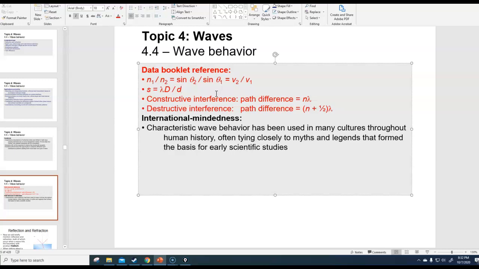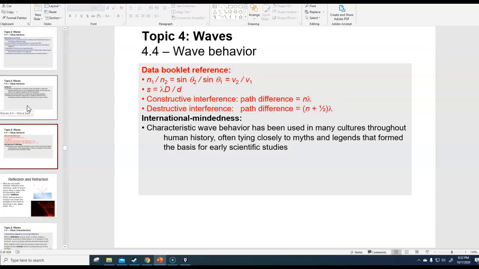Later at the end of this unit, we'll talk more about the double slit experiment, which is also an interesting area of discussion, and how this equation works. These last 2 are not equations per se, but they're basically mathematical conditions for constructive and destructive interference in terms of what's called path difference. I will explain the concept of path difference later on, and I'll explain what these 2 conditions mean.